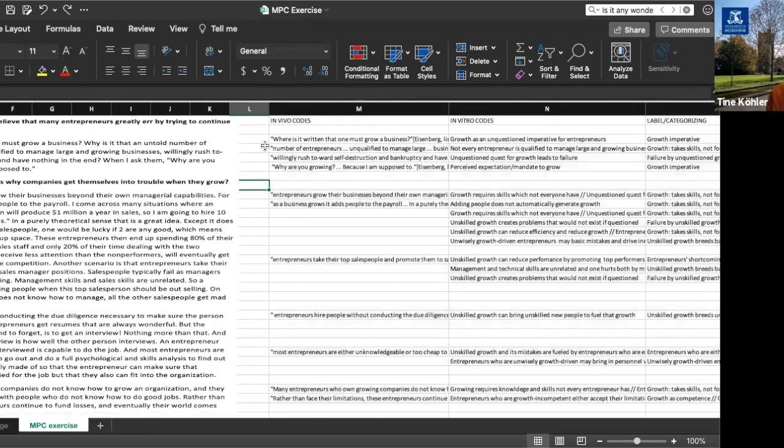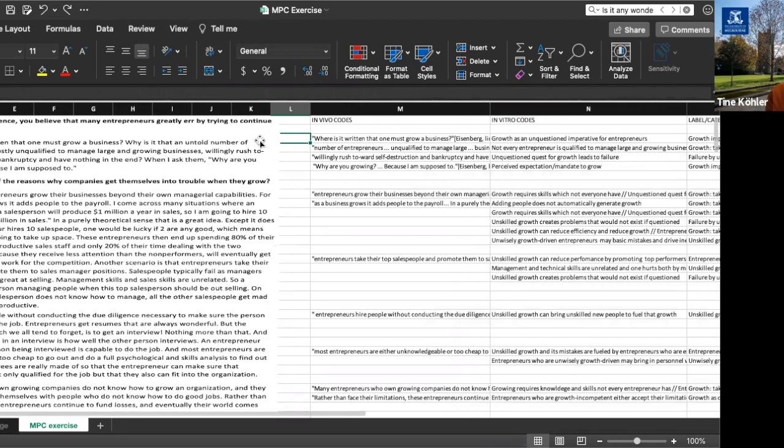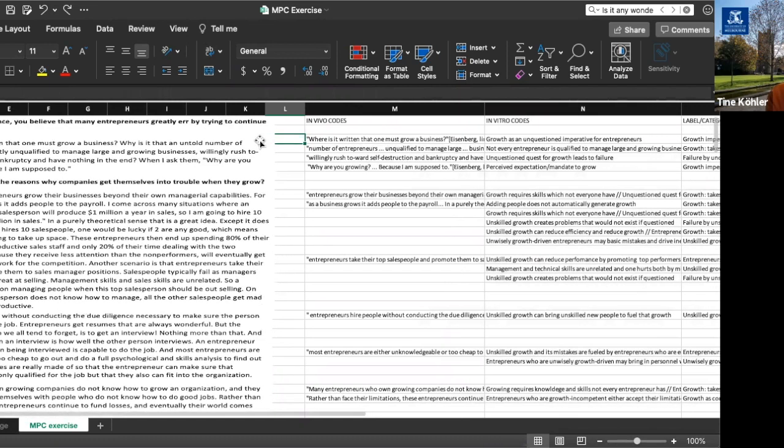So my first couple of codes may be around growing a business, maybe, for the first sentence. It may also be questioning. So I may have a code that just says questioning, or questioning the status quo, questioning core opinion. So I may code this in multiple different ways with multiple different labels.